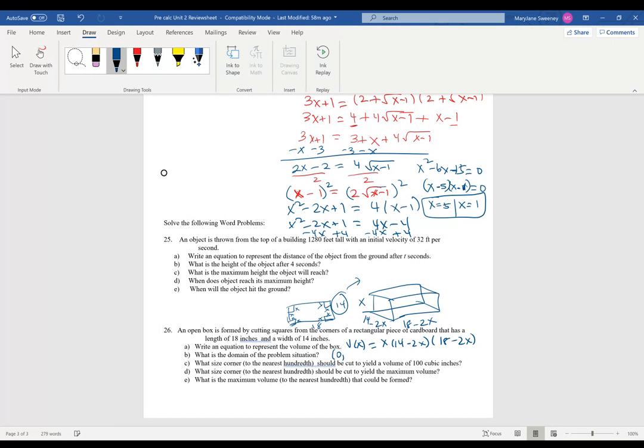Half of 14 is 7, right? So it's between 0 and 7. What size corner to the nearest hundredth should be cut to yield a volume of 100? That's going to be a y equals 100 line, and then calculate intersection.